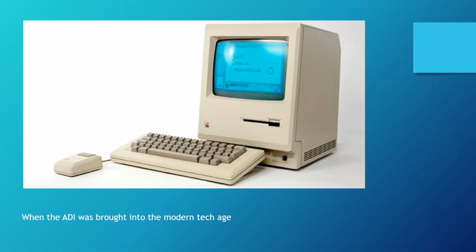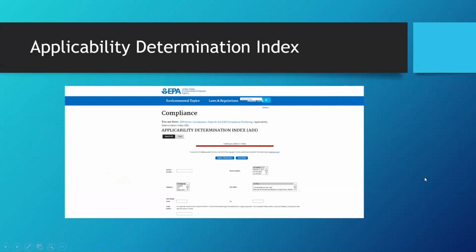And then in 1995, they created the new internet version. And as you will see, it does not look like much has changed since when it was first put up in 95.